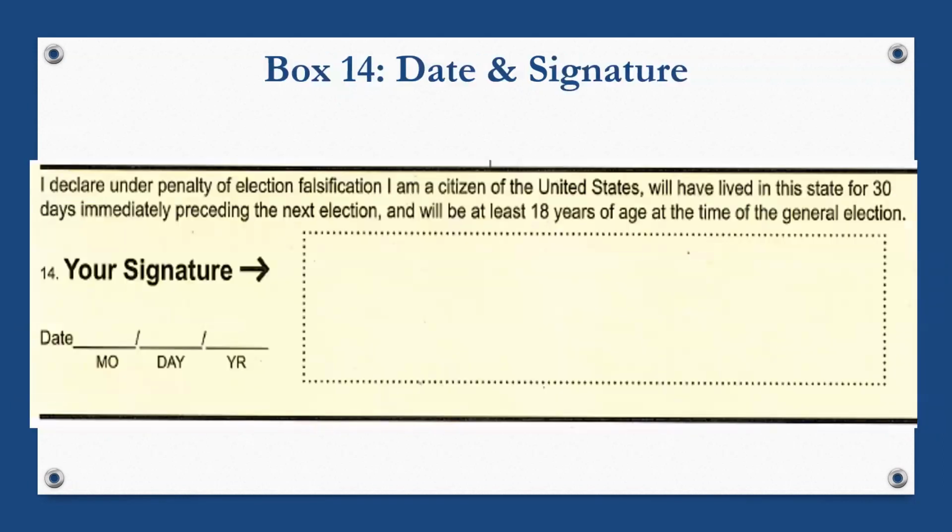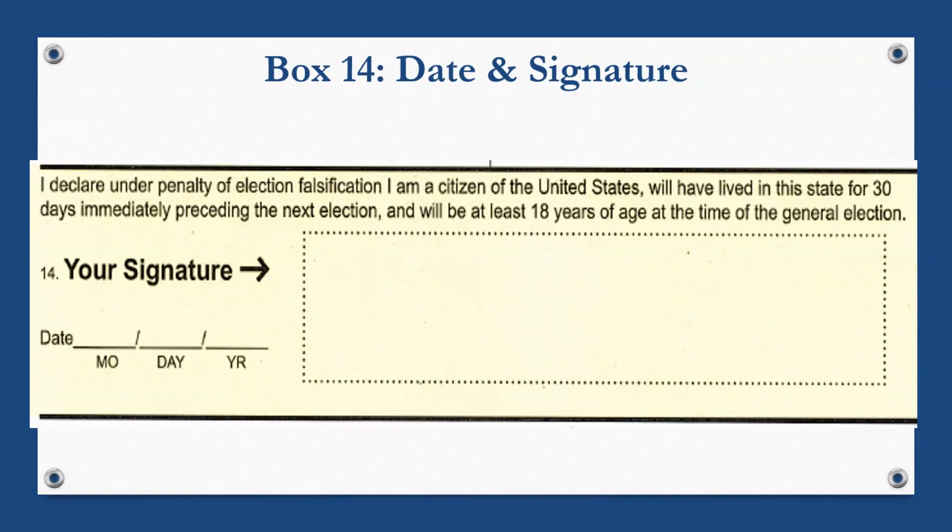And then finally, we have the signature box. We do encourage voters to write their signature entirely within the box, because these get scanned once we turn them into the Board of Elections, and we want to make sure that the whole signature fits in the box.